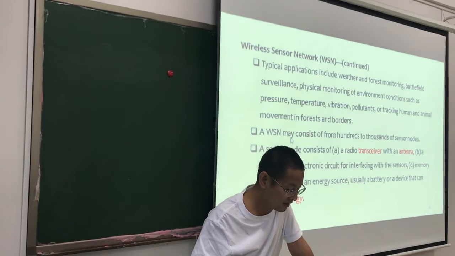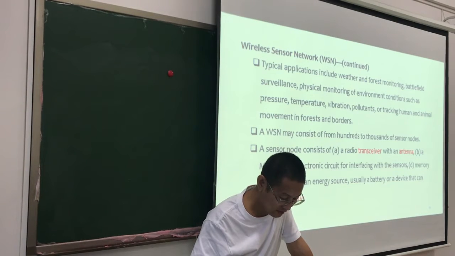A wireless sensor network may consist of hundreds to thousands of sensor nodes. A sensor node consists of a radio transceiver with an antenna, a microcontroller unit, an electronic circuit for interfacing with sensors, a memory device, and an energy source, usually a battery or a device that can harvest energy.